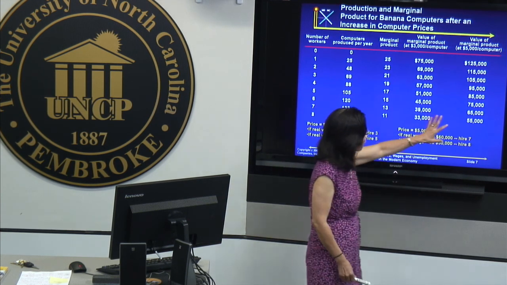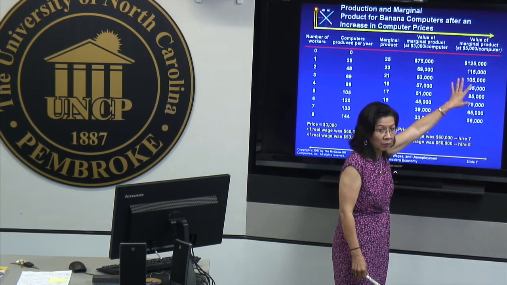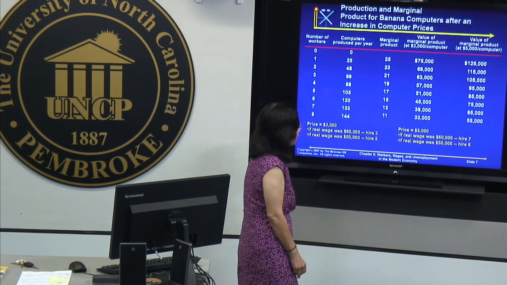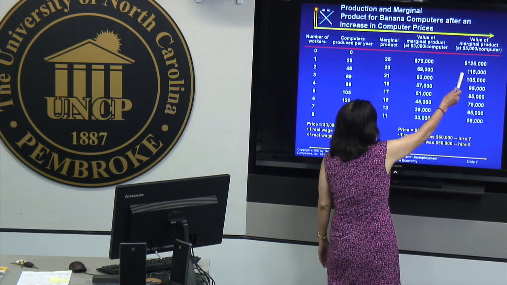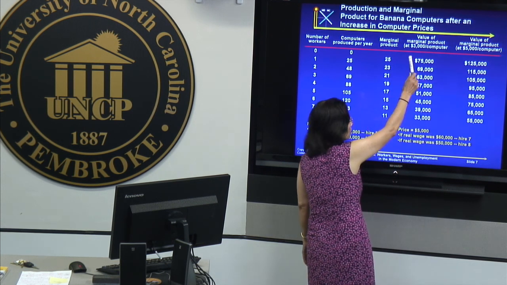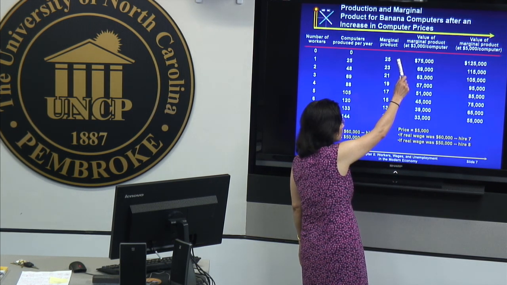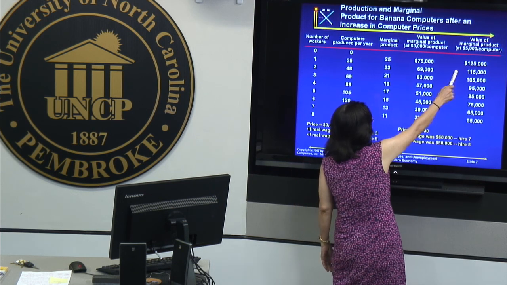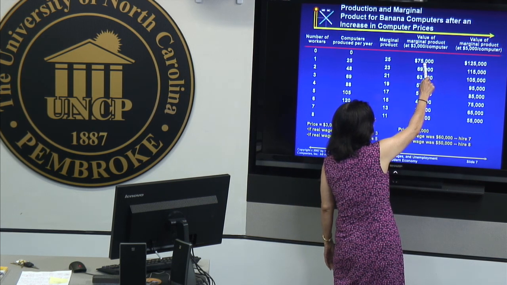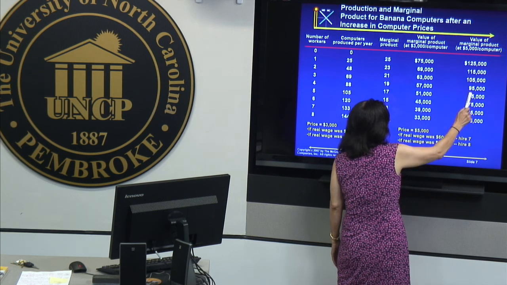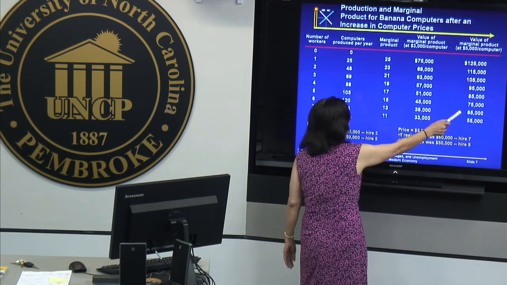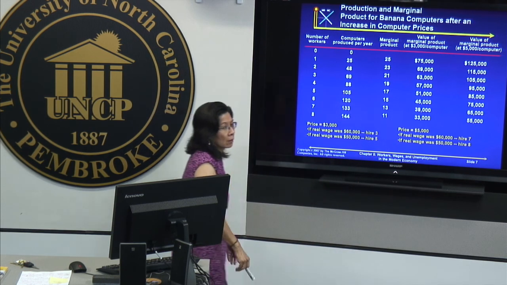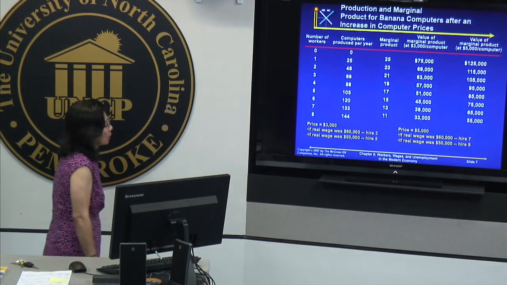So you derive another set of numbers for that last column. Everything is higher for the same number of workers hired and same marginal productivity, but the price of computers has gone up. So these numbers are consistently higher than 75K, 45K, 65, 30. That's the observation you make.